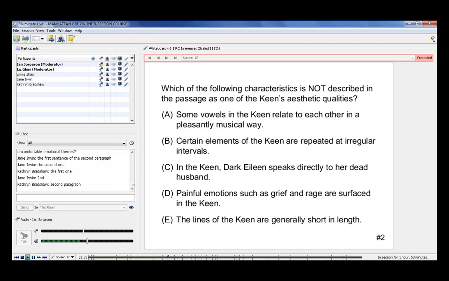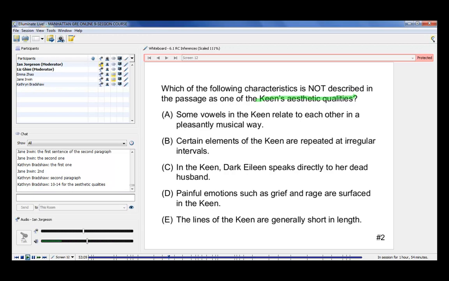Okay, so nobody picked B and E. So I want you guys to tell me, first off, where in the passage we should go to reread, given that it's asking about the Keen's aesthetic qualities. And then Emma, you tell me where you found B, and Jane, you tell me where you found E. Okay, I agree.